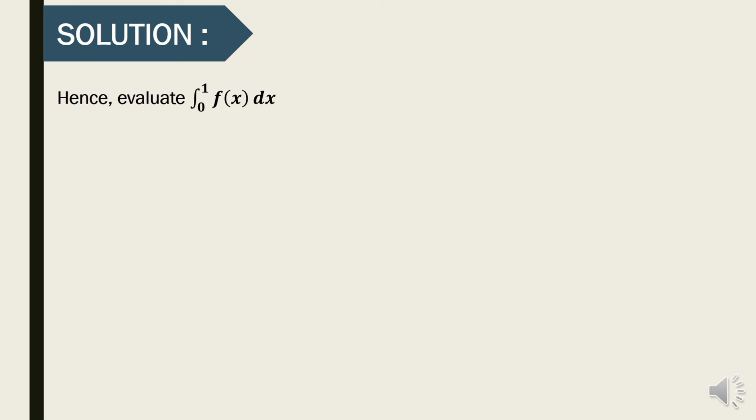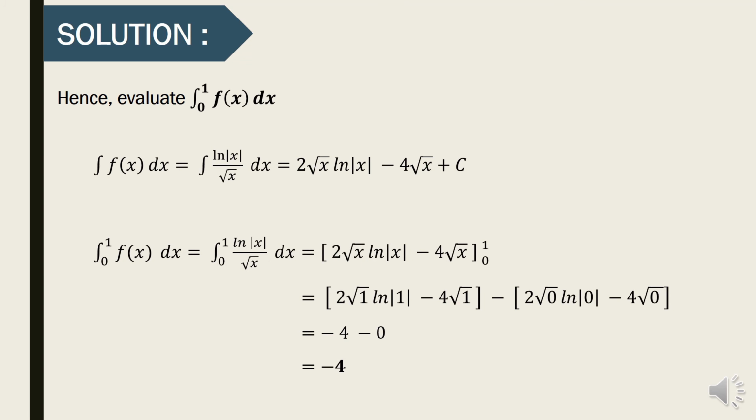Now, moving on to the evaluation. We have to evaluate the integral from 0 to 1 of f(x) dx. So f(x) dx is equal to 2 square root of x ln x minus 4 square root of x plus c. With the limits from 0 to 1, we can write it as 2 square root of x ln x minus 4 square root of x from 0 to 1.